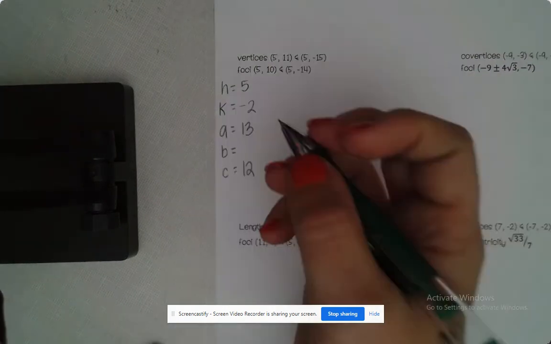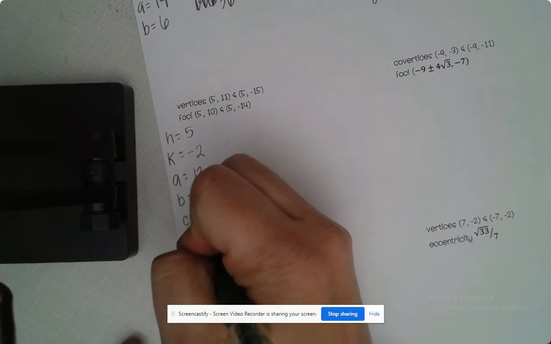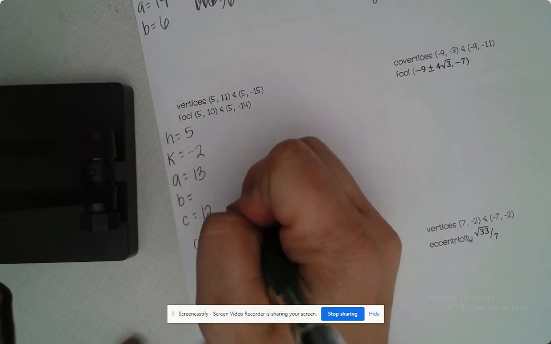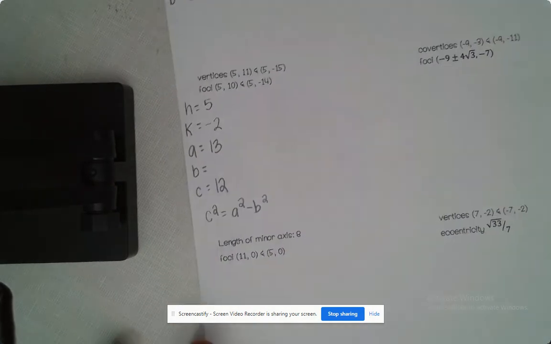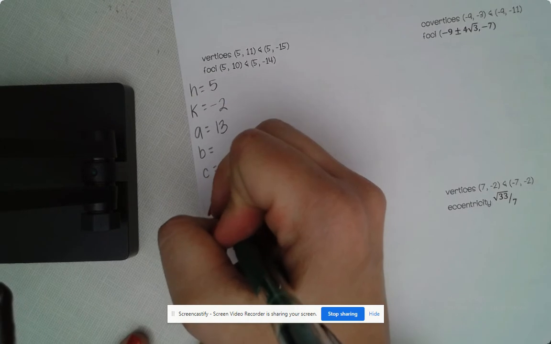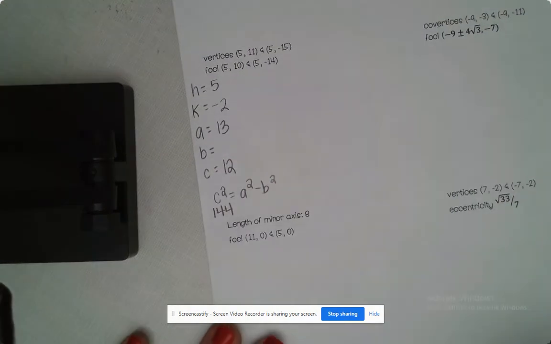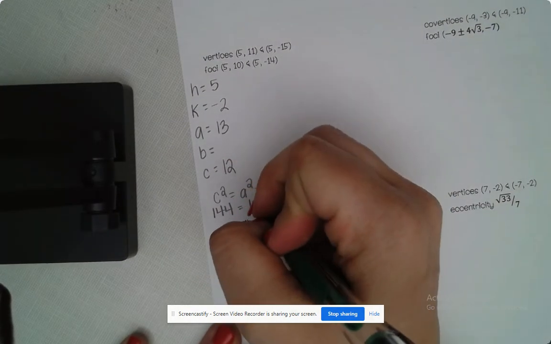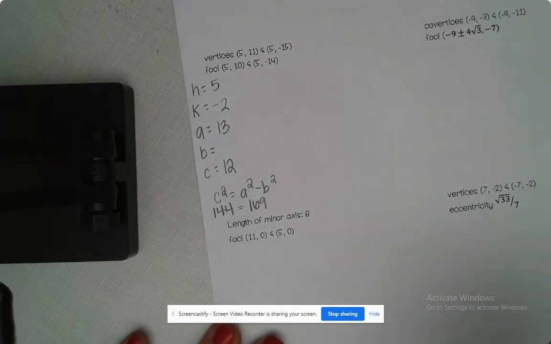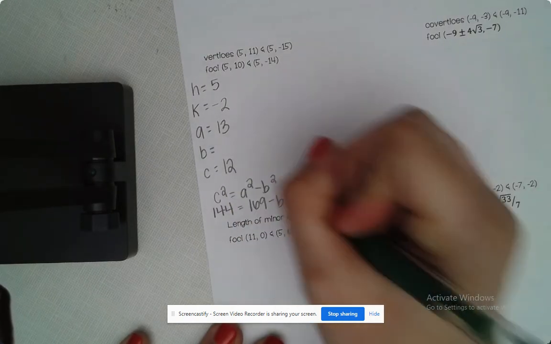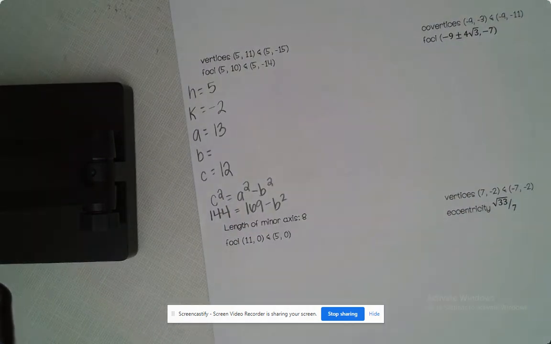So then you got to find B. So C squared equals A squared minus B squared. Well, C squared is 144. A squared is 169 minus B squared. 169 minus 144 is 25.